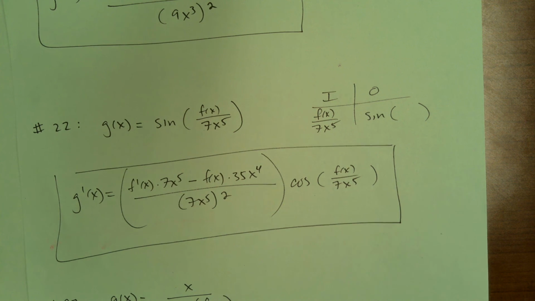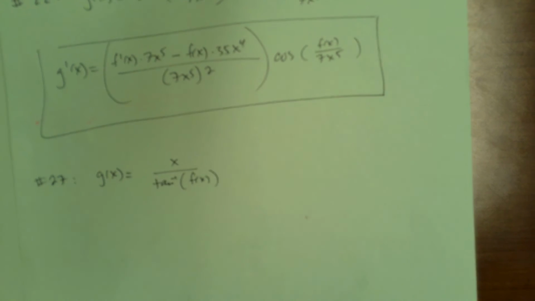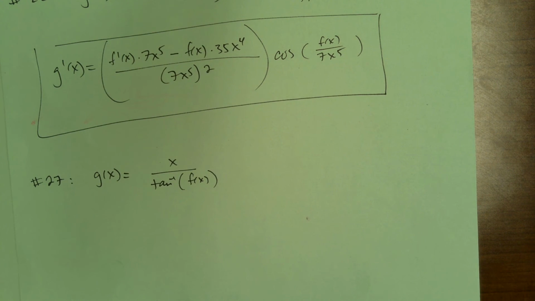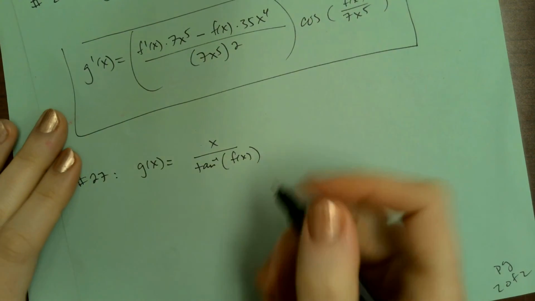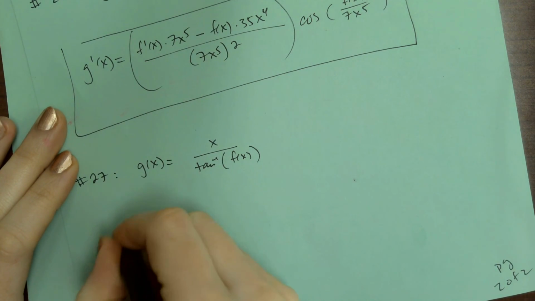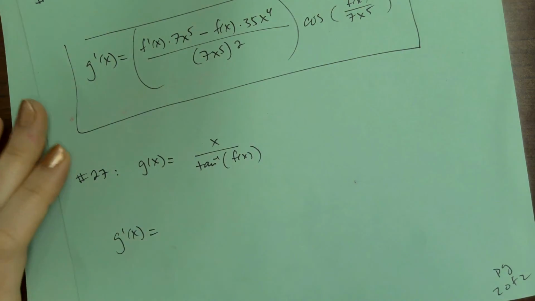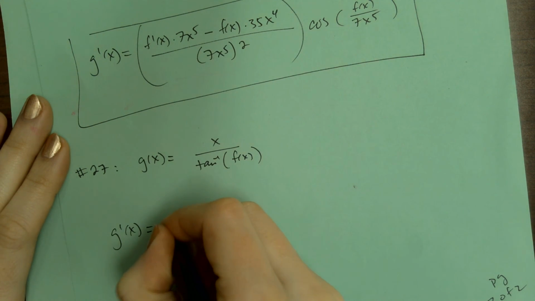Okay. Finally, is this primarily a product or quotient or one function inside of another? You look at this function, it's primarily a quotient. So I'm gonna jump right into quotient rule. The derivative of the top is just 1.